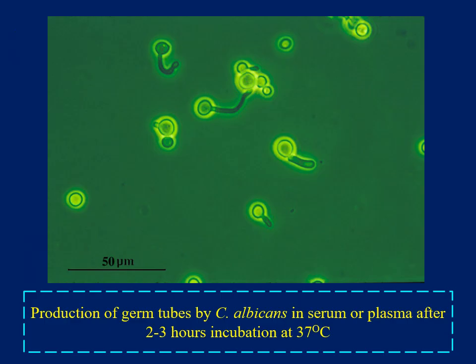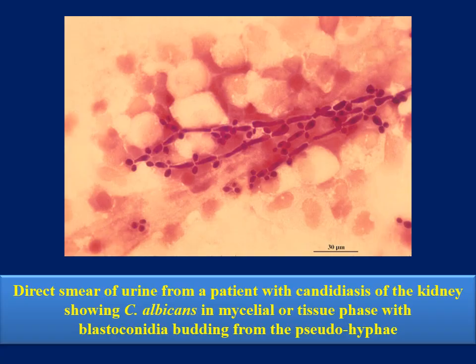This is another way of showing germ tube production. And this is a direct smear of urine from a patient with Candida albicans infection, and you can see the yeast form, the pseudohyphal form, and the hyphal form.